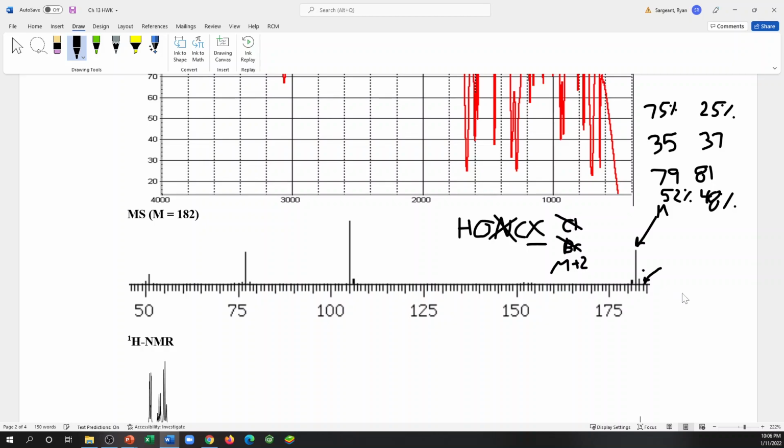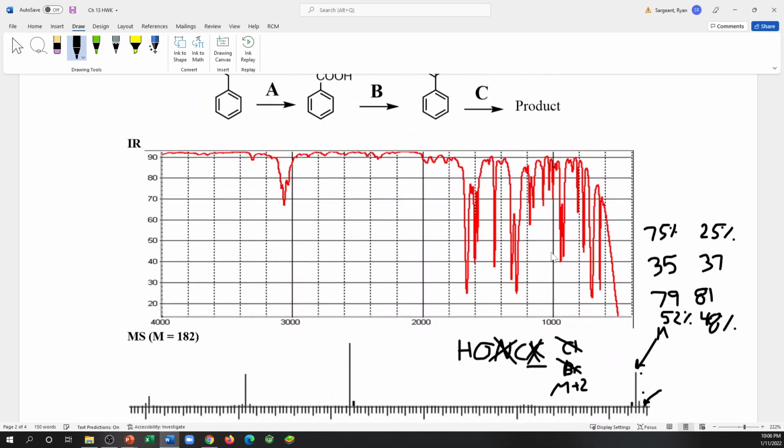So it would come up to about right there. If it's a bromine, then you see a peak at 182, and you would then see the other peak at approximately the same height, a little bit shorter. They're not there, so I don't think that I have a halogen.